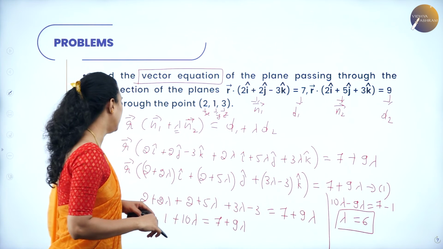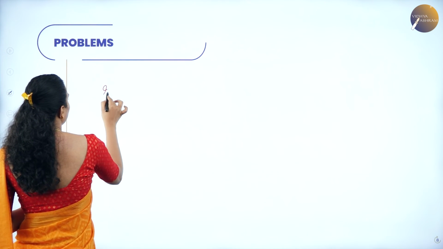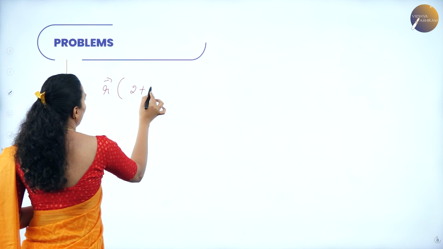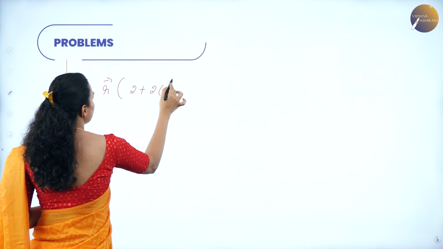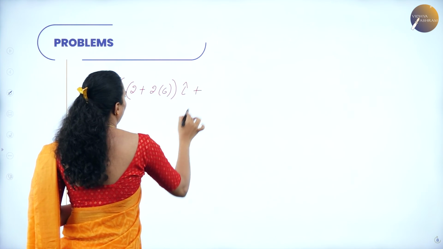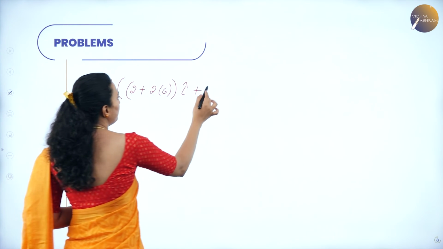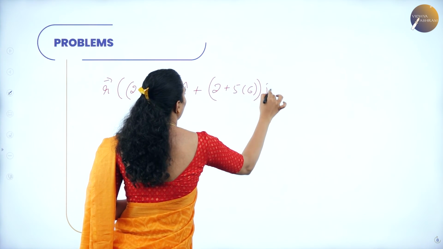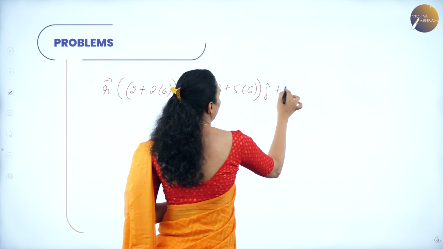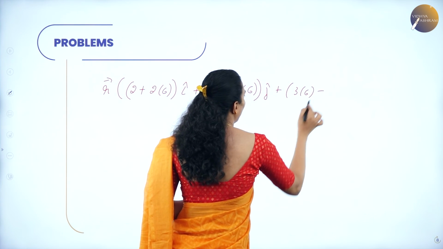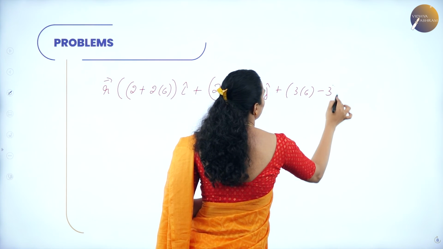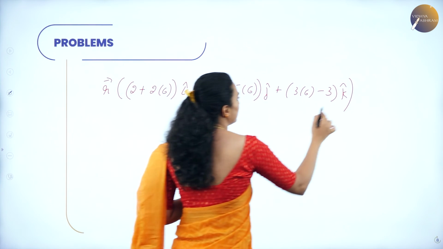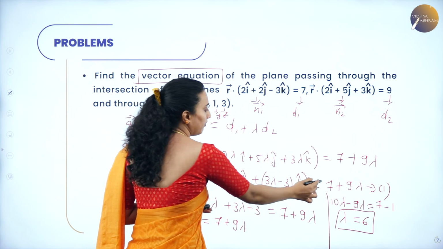So what you are going to get is, R vector into (2 plus 2 lambda, 2 into lambda value 6) into i, so plus (2 plus 5 lambda, 6) into j, again 3 lambda, so plus (3 into 6 minus 3), correct, into k. Close this because R vector is closed, which will be equal to 7 plus 9 lambda.